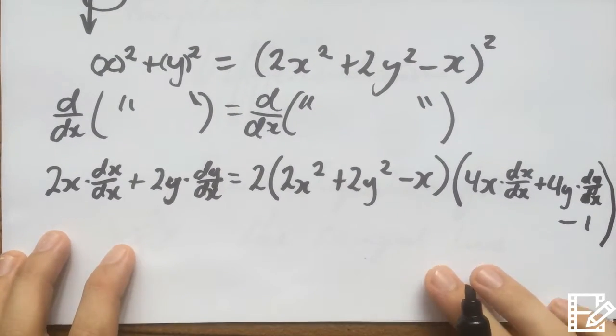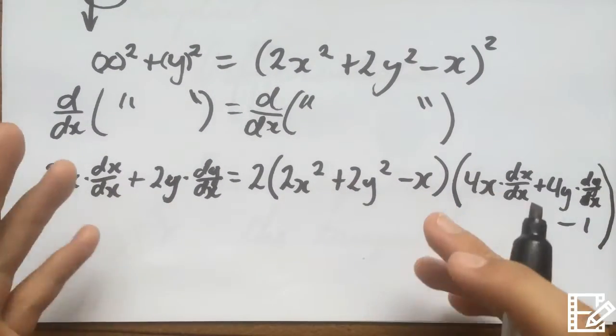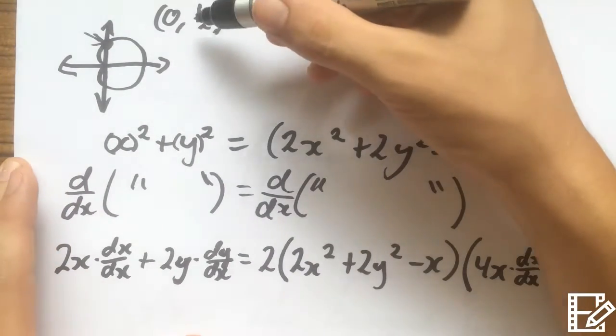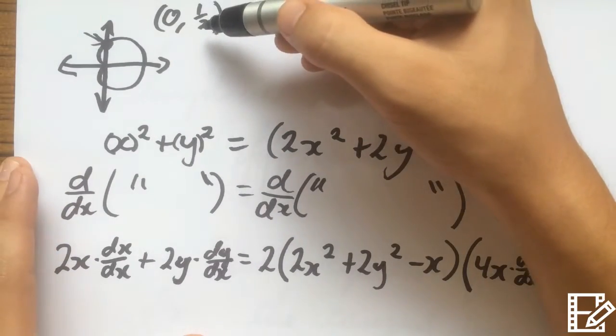Okay, so once you've got to this point, you don't need to do any fancy rearranging, chopping and changing. What we're going to do is input these values, this for x and this for y.